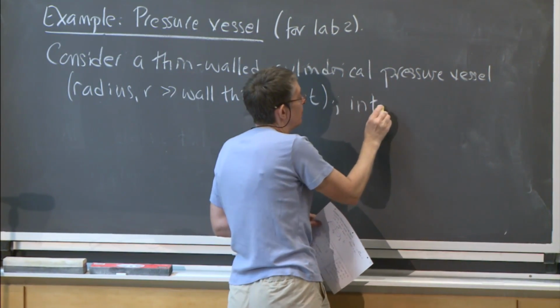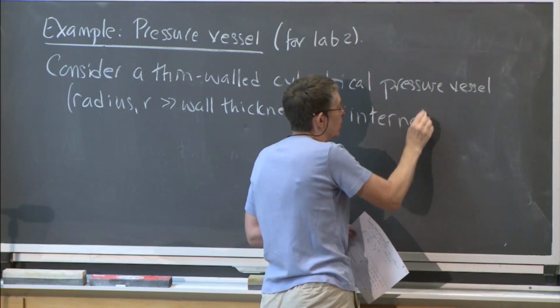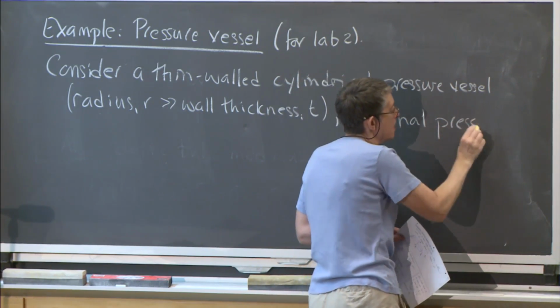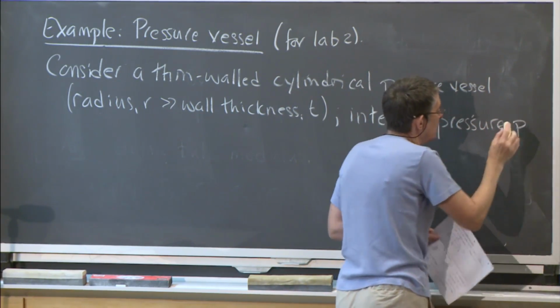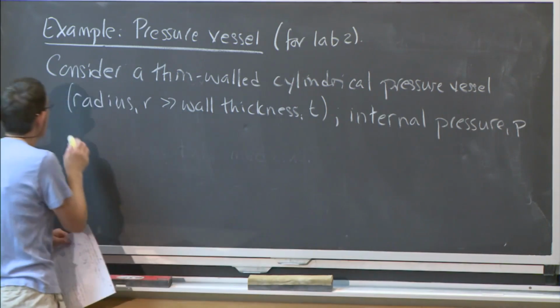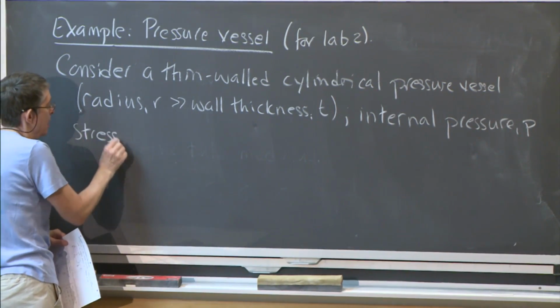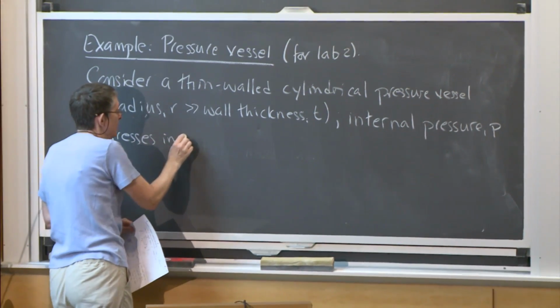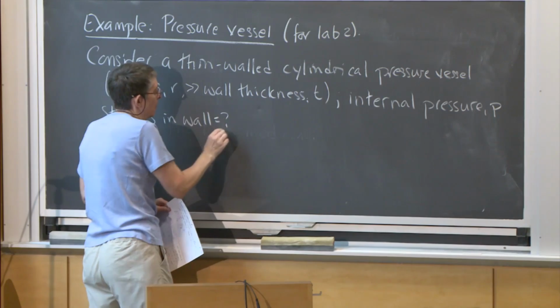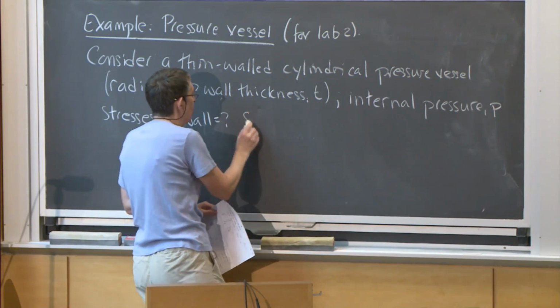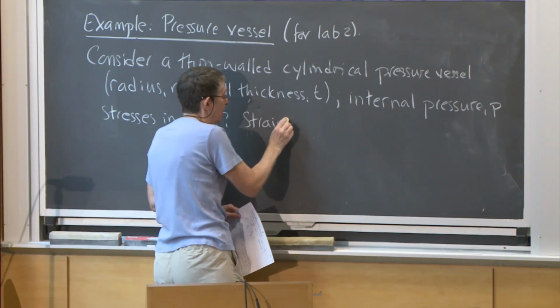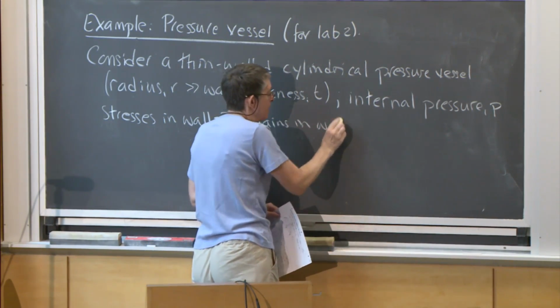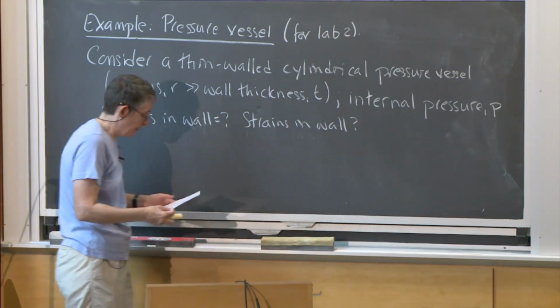And the vessel has an internal pressure I'm going to call P. And the question is, what are the stresses in the wall and what are the strains in the wall?